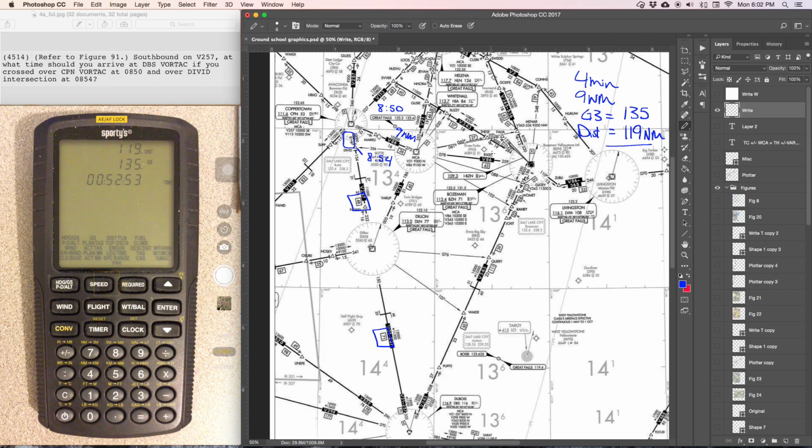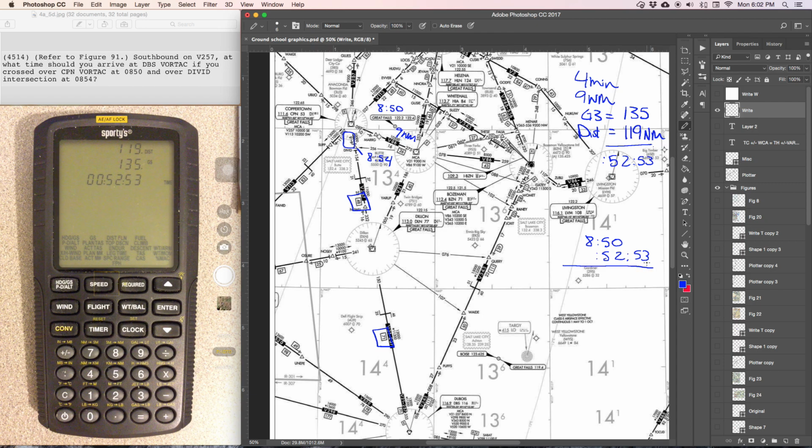That gives us a total duration of 52 minutes and 53 seconds. So we know that we crossed over the first VOR at 850. We have to add 52 minutes and 53 seconds to that.